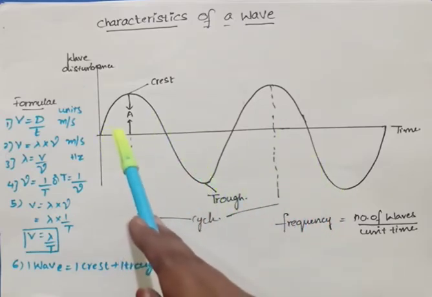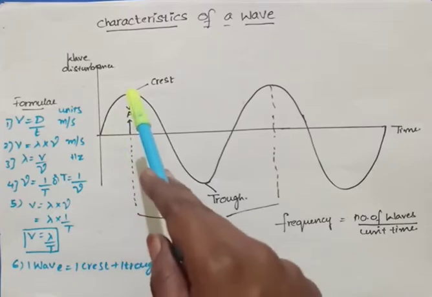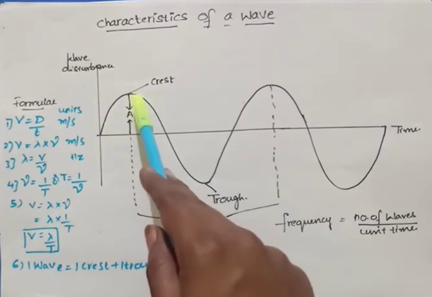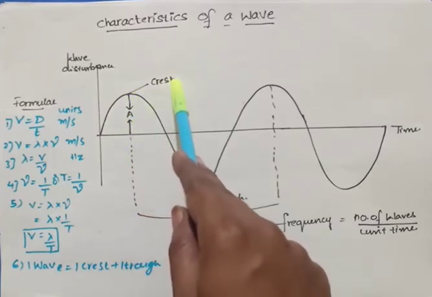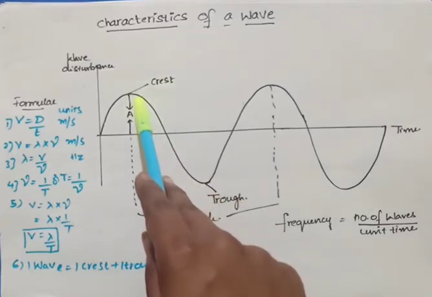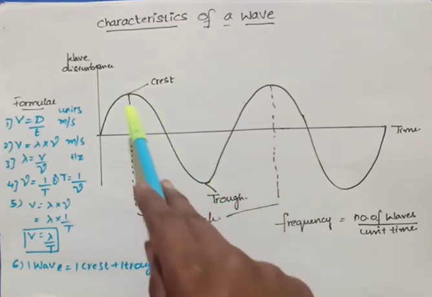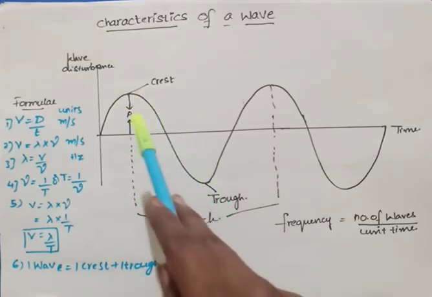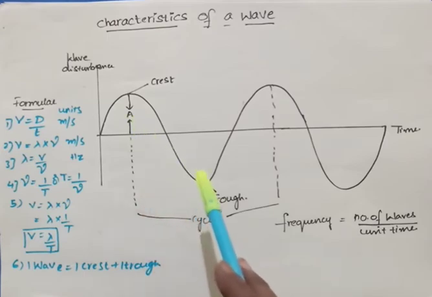Here we can see that there is a peak called a crest, where the particles are compressed. The disturbance is maximum, and there is high pressure created due to the vibration or disturbance.